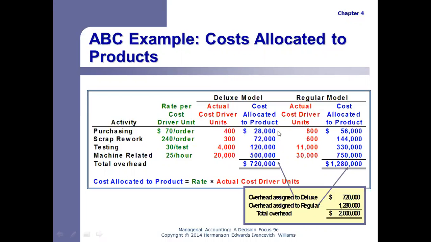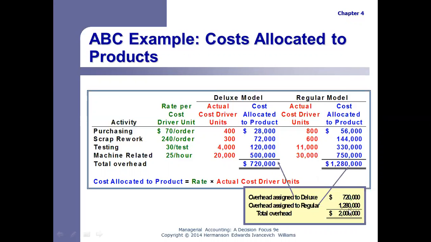You do that for each of these activities, and you get the cost of the overhead assigned to each of the two products. So you can see the deluxe model is going to get $720,000 of the overhead. The regular model is going to get $1,280,000 of the overhead. And notice that those two together total that $2 million total that we were trying to spread out.